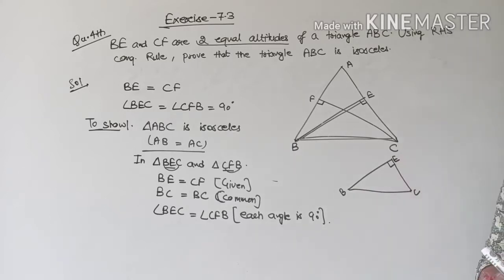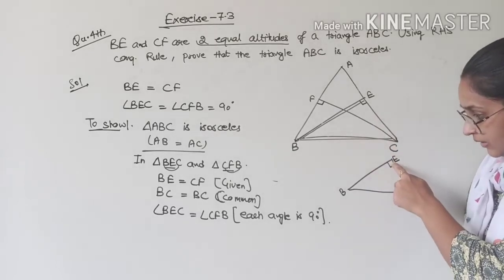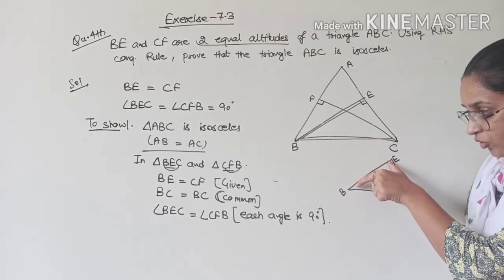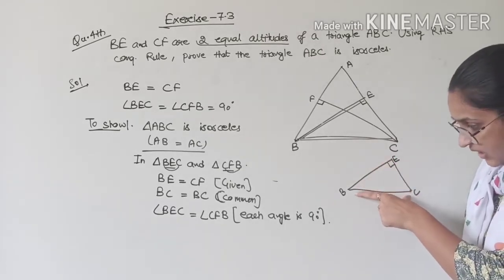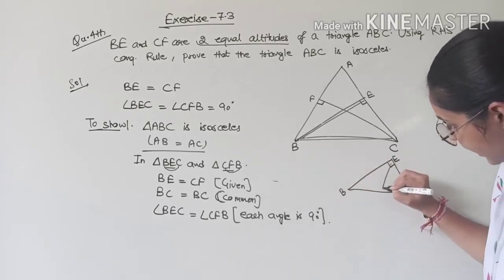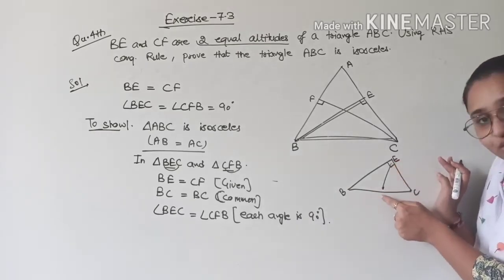If I am watching this triangle from here, this is a right angle, this is the base, this is altitude BE, that will work as a side, and this BC will work as a hypotenuse, because this BC is opposite to the right angle.